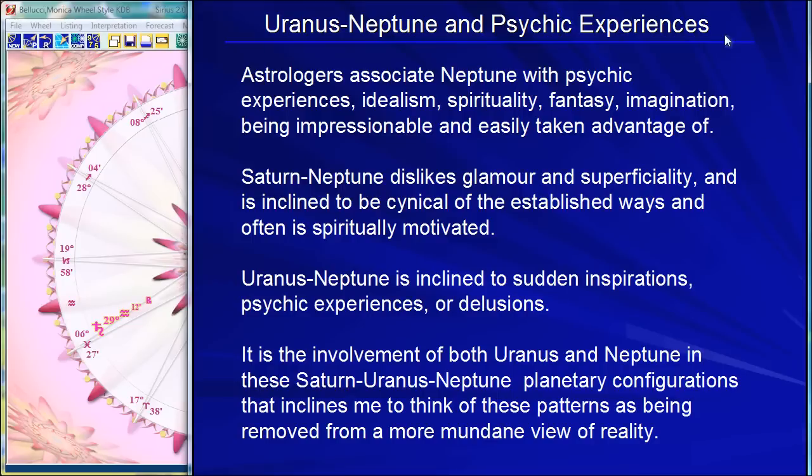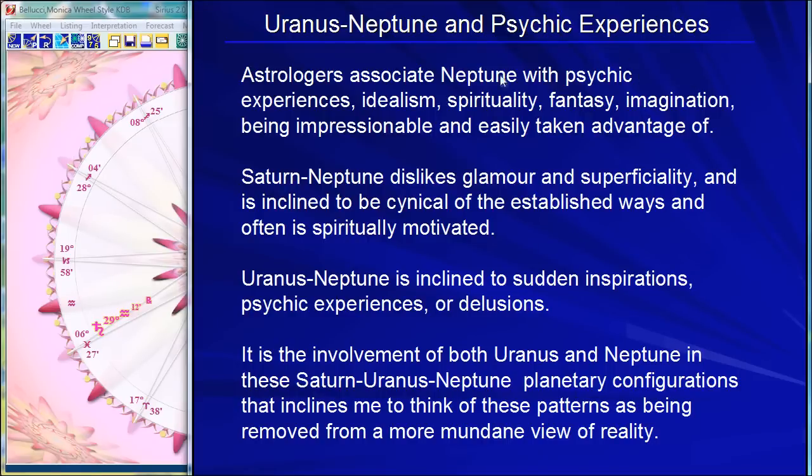And my last thing I want to mention in this particular video is that I'm emphasizing Uranus-Neptune. When you bring Uranus and Neptune together, you get the inspiration, the tendency to be way out there, visionary, psychic, the inclination to be delusional.